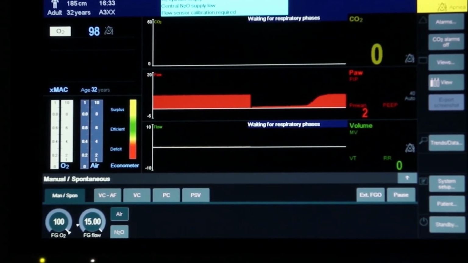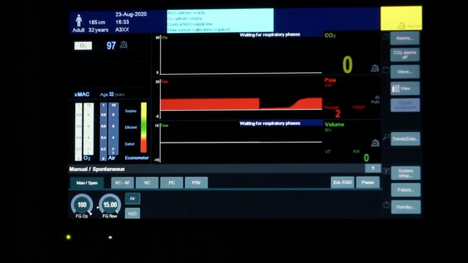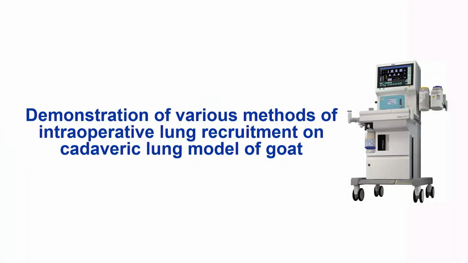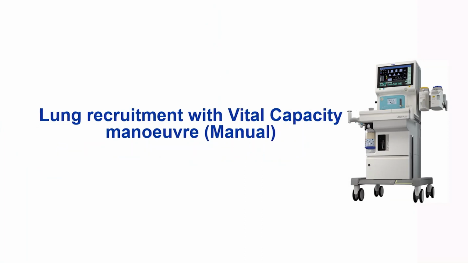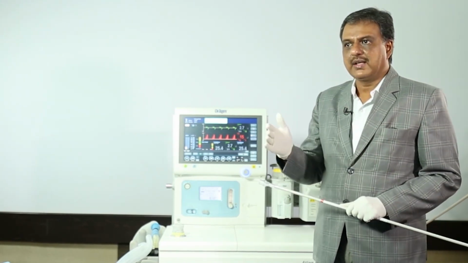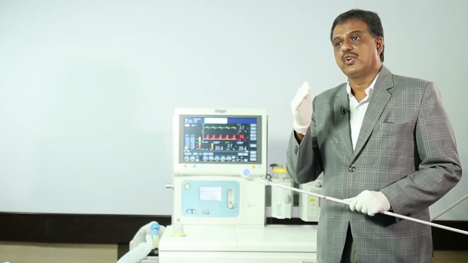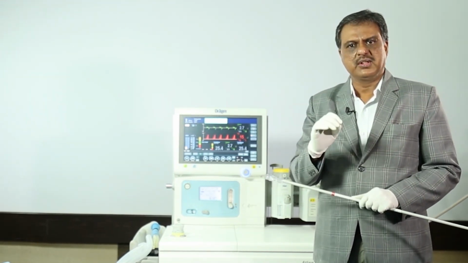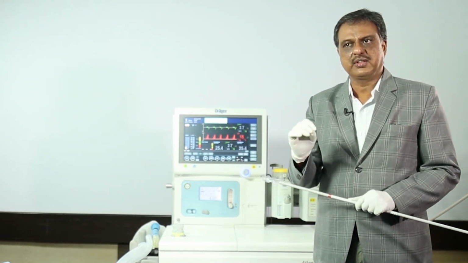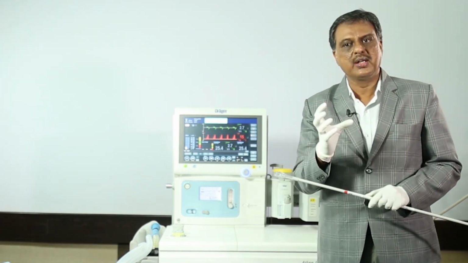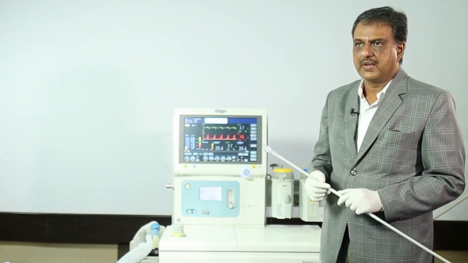With optimal mask fitting, this setting will deliver 8 to 10 CPAP, which prevents atelectasis formation. If you are not delivering CPAP during pre-oxygenation, then most patients under general anesthesia will develop atelectasis after induction, as we have demonstrated how atelectasis looks in the goat cadaver.